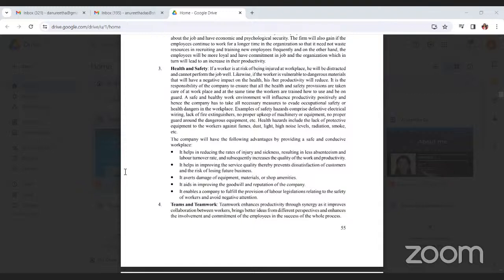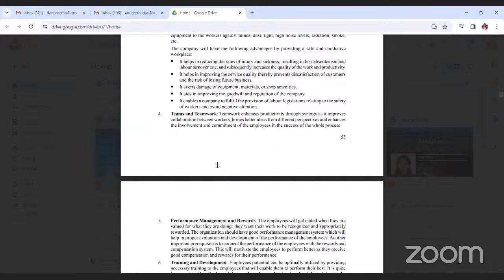The employees should not be dissatisfied. Goodwill and the reputation of the organization.